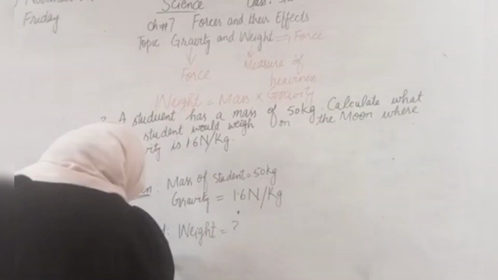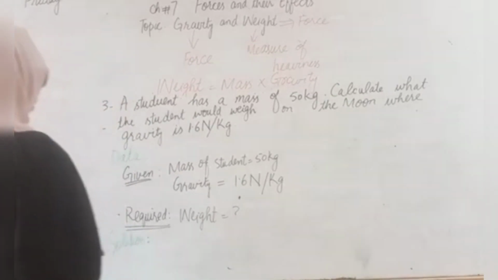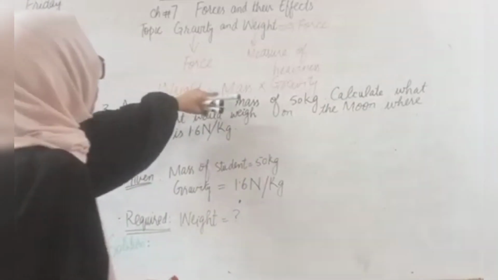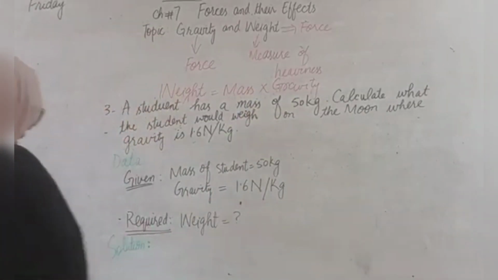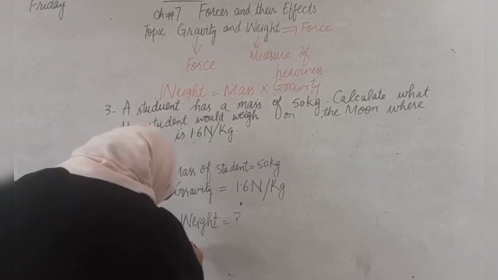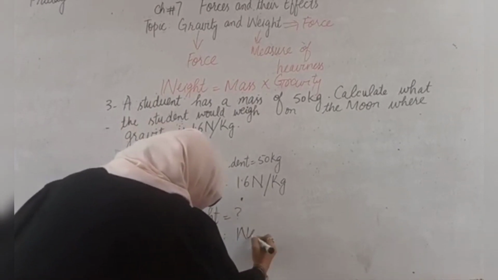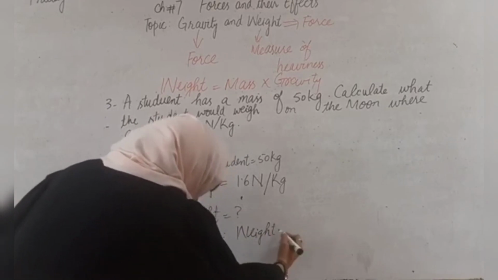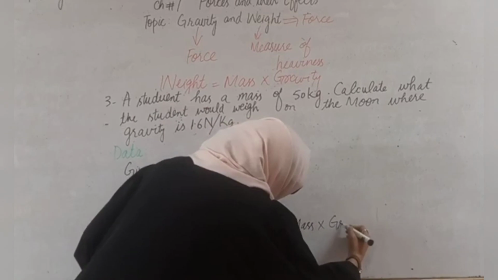In solution, we will solve the statement by the relation that weight is equal to mass multiplied by gravity. We will write here, as we know, weight is equal to mass into gravity.